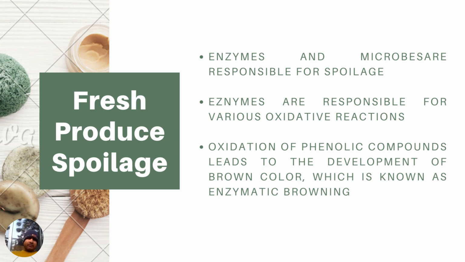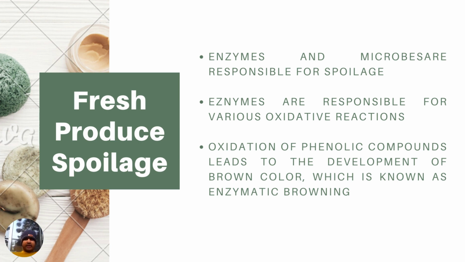But what about enzymes? Blanching is a thermal process which is solely designed to inactivate enzymes. So what kind of enzyme are we looking to inactivate? If you heat, definitely it is not very selective. It is going to inactivate many enzymes, because what is an enzyme? It is nothing but a protein, right?